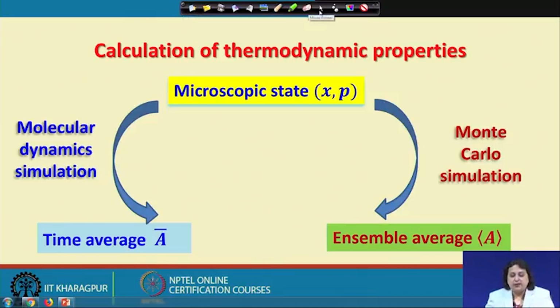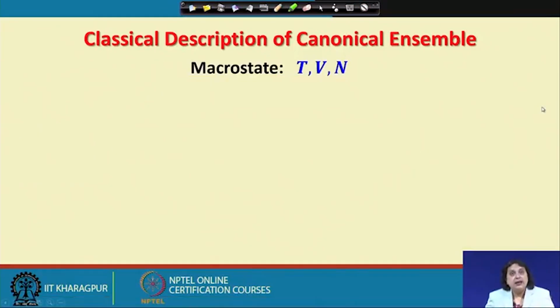Now, once we have learned all that, let us go back and see if the same kind of description can be adopted to generalize our observations in the canonical ensemble. Once again, let me remind you that a canonical ensemble is characterized by the macro state for a given value of temperature, volume and number of particles.